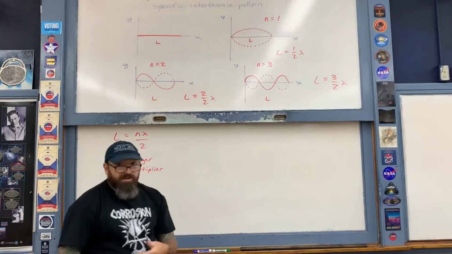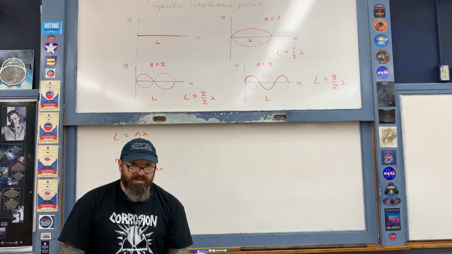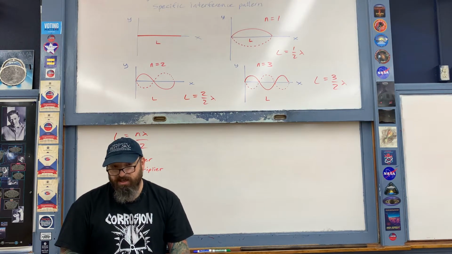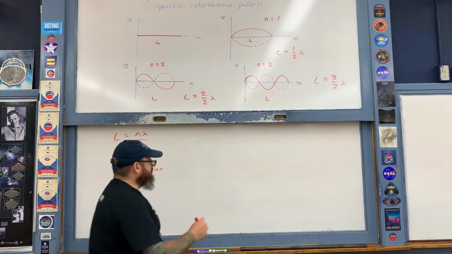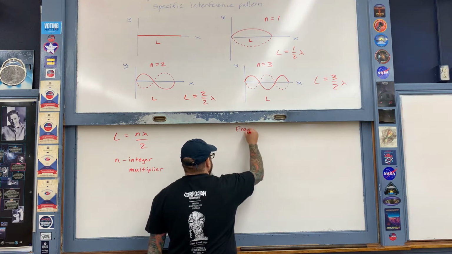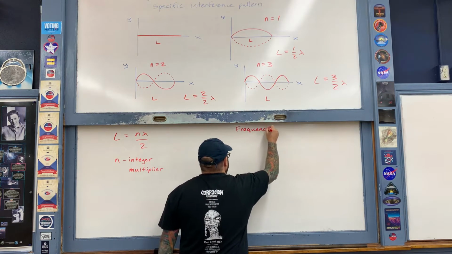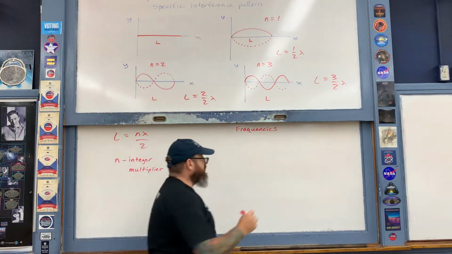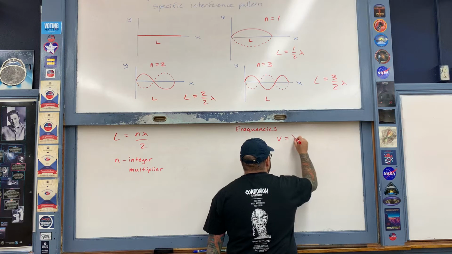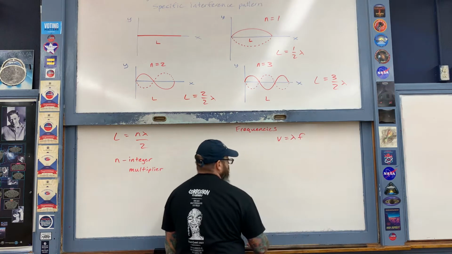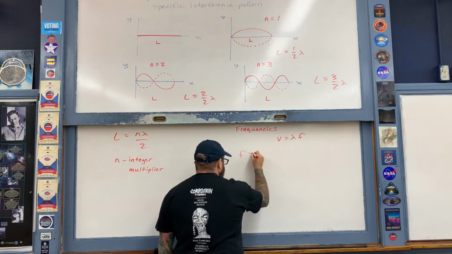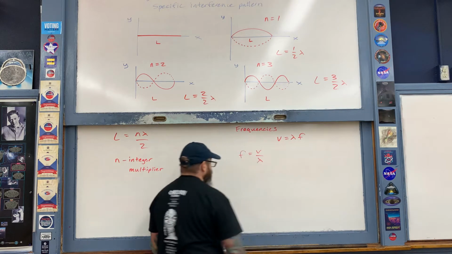Now, in addition to there being a pattern between the space L and the wavelength, there's also a pattern associated with the frequencies as well. Here's how the frequencies come in. Recall from basic wave kinematics, simple periodic waves, that the speed of these waves is equal to the wavelength multiplied by the frequency. Divide the wavelength lambda to the other side to write the frequency as v over lambda.